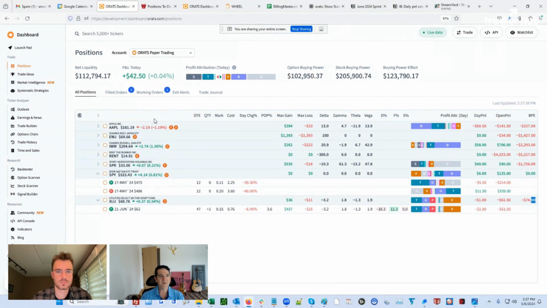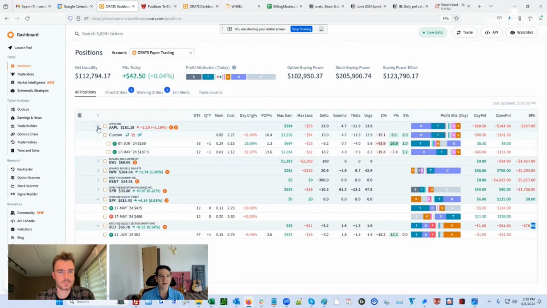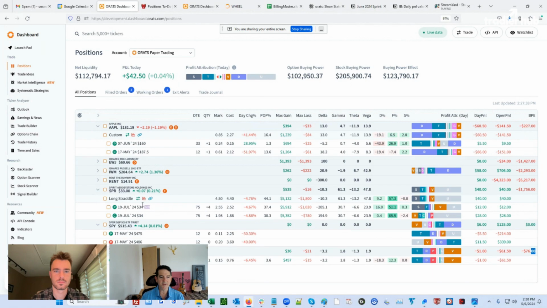The page that I think I spend the most time on is the positions. I have these positions in front of me, and I also have things that I like to do, like what did I put on? I put a straddle on in Spirit AeroSystems. This is this Boeing deal.